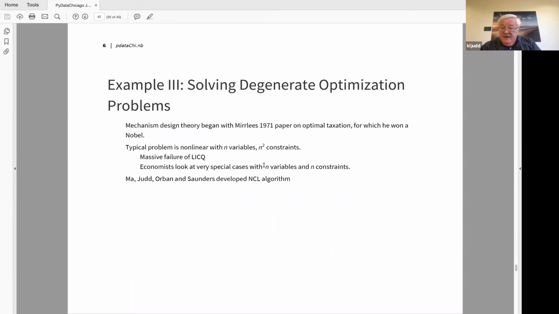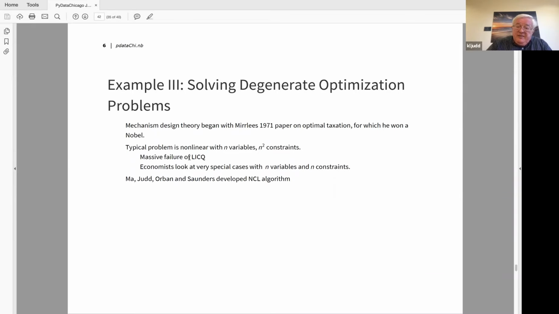Now I want to talk about one place where collaboration with mathematicians really helped. Mechanism design began with Mirrlees's 1971 paper on optimal taxation. He won a Nobel Prize for that.